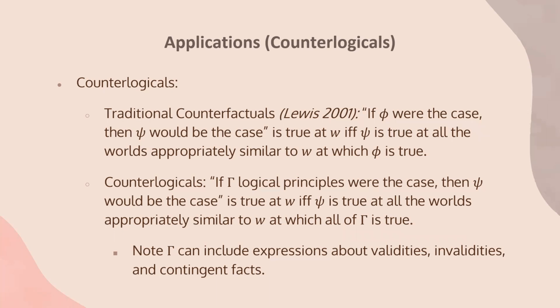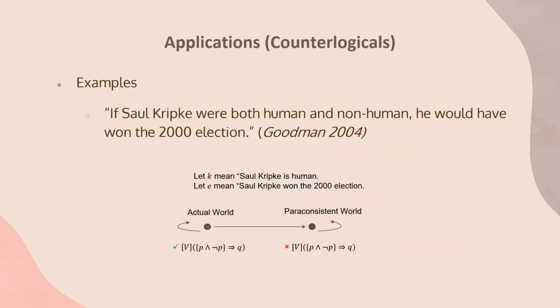So we need the antecedent of counterlogicals to contain more than one formula. But the truth conditions are just the same. And the antecedent conditions can contain expressions about validities, invalidities, and contingent facts, as well as just ordinary base formulas or inferences. So just to come back to the examples I gave earlier, we have this one.